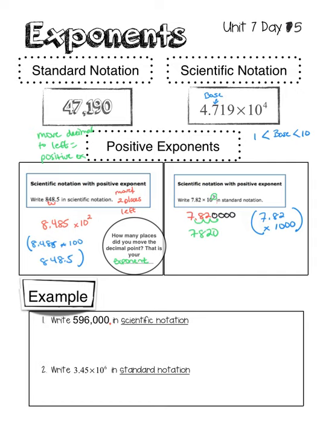So now you have to, 1, move decimal to make base greater than 1 and less than 10. So let's do that. 1, 2, 3, 4, 5. I'll write that down. Moved 5 places.